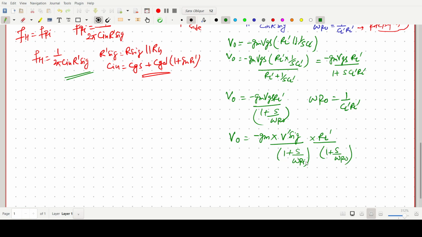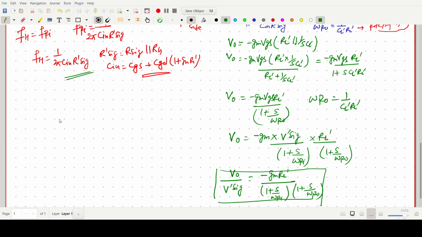So the denominator is a second order function. The output voltage by input signal is minus Gm RL dash by 1 plus S by omega pi into 1 plus S by omega p naught. This one is the gain of the common source amplifier.